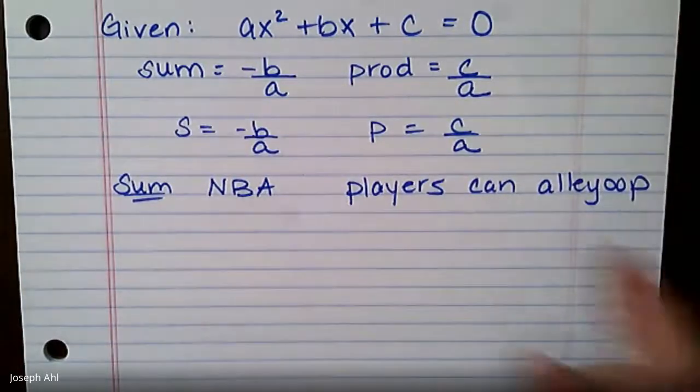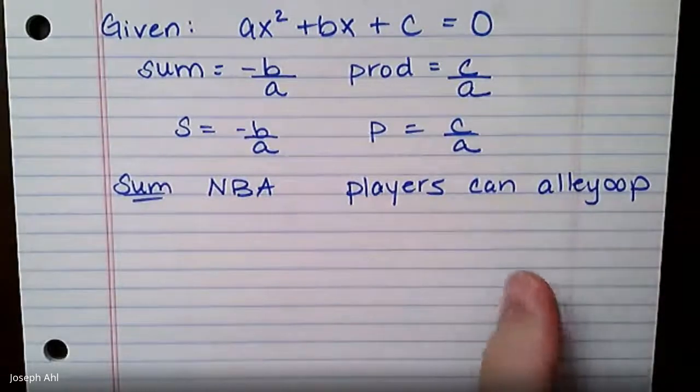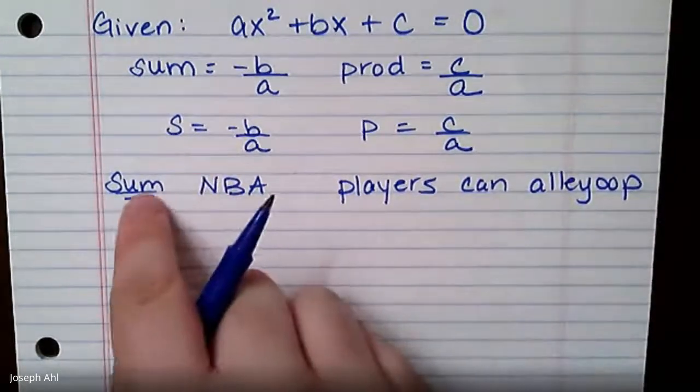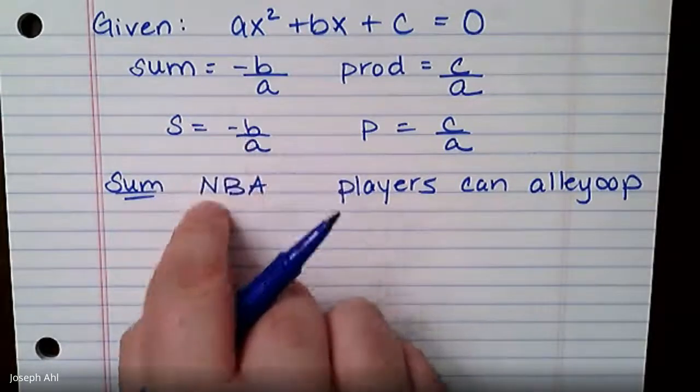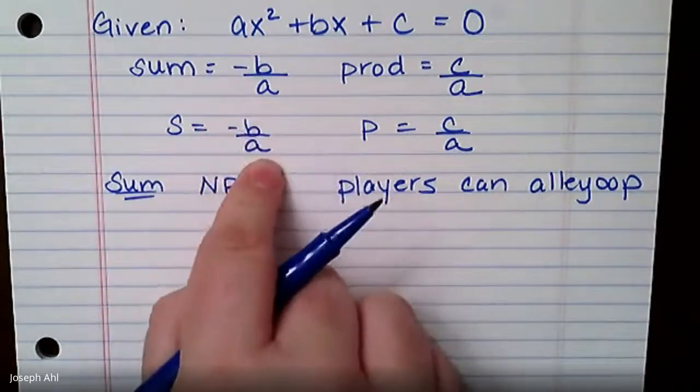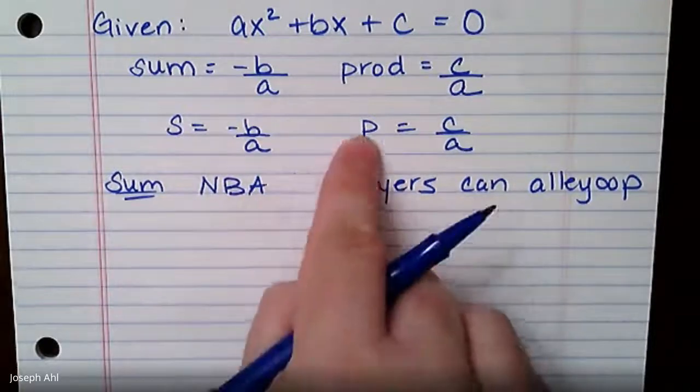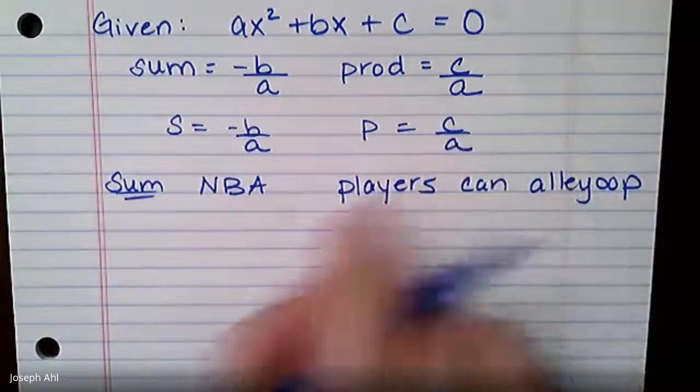And if you have no idea what I'm talking about here, no big deal. But what is this even referencing? It's meaning that the sum of the roots equals N-B-A, negative B over A. Some NBA players product can alley-oop, C over A.